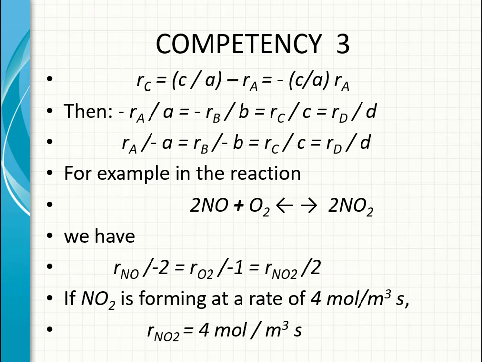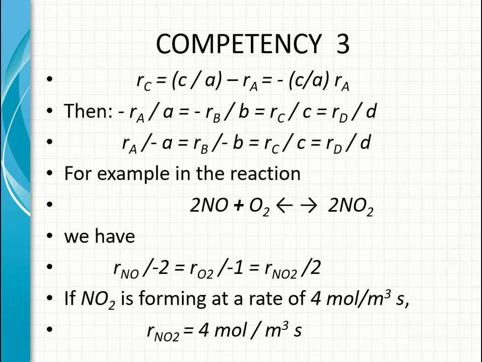And this is equal to the rate of NO2 divided by its stoichiometric coefficient, which is 2. And here again, for NO and oxygen, we have the negative sign, and for NO2 the positive sign because NO2 is forming.